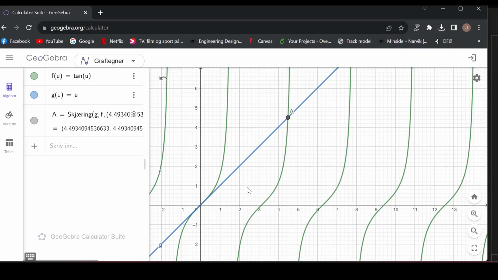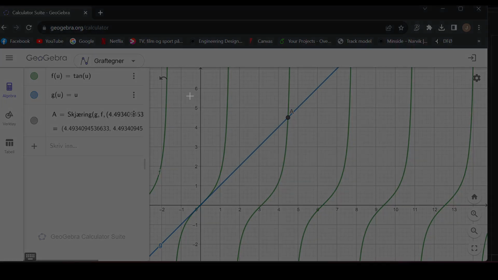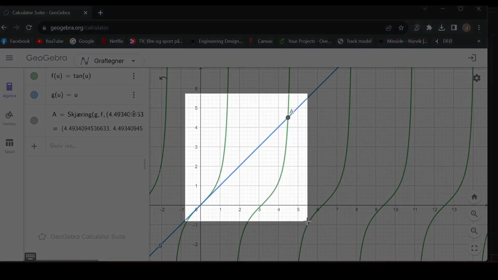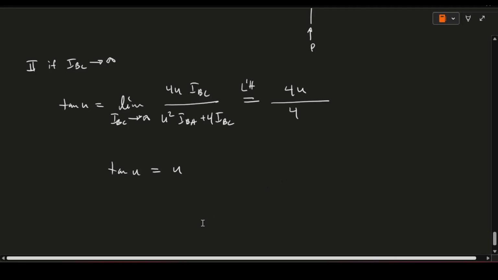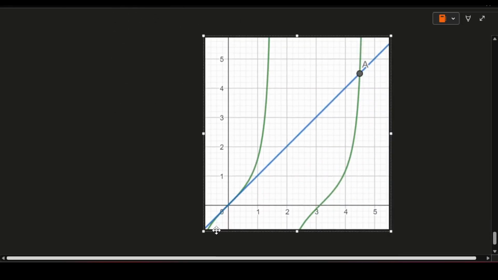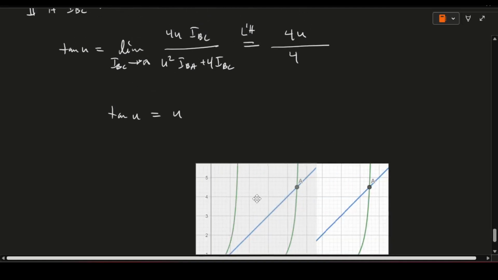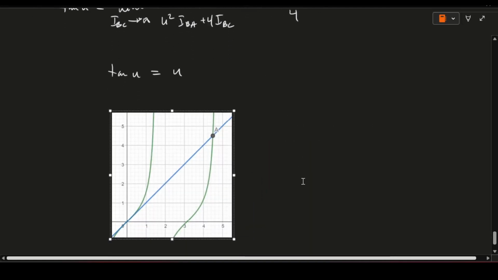Okay. Take a screenshot of this. So that happens if u equals 4.4934.